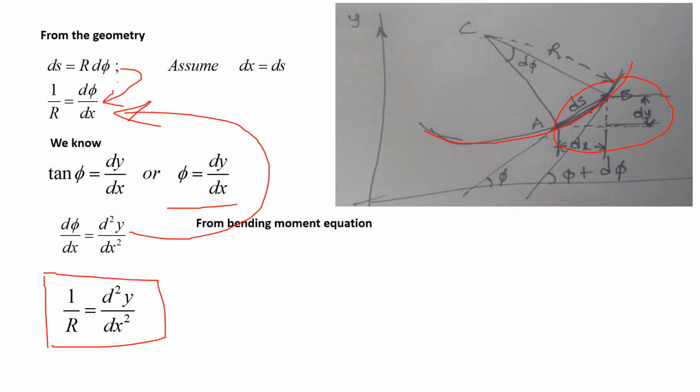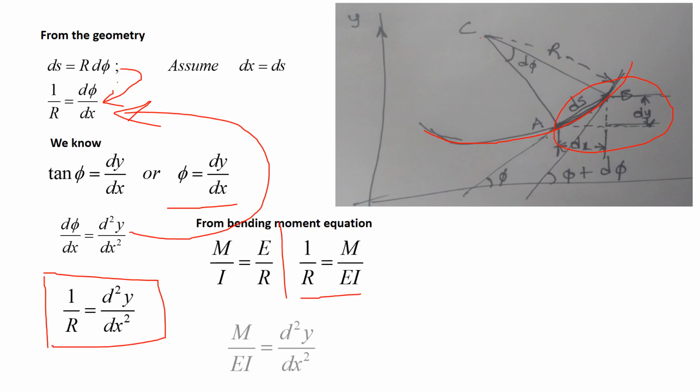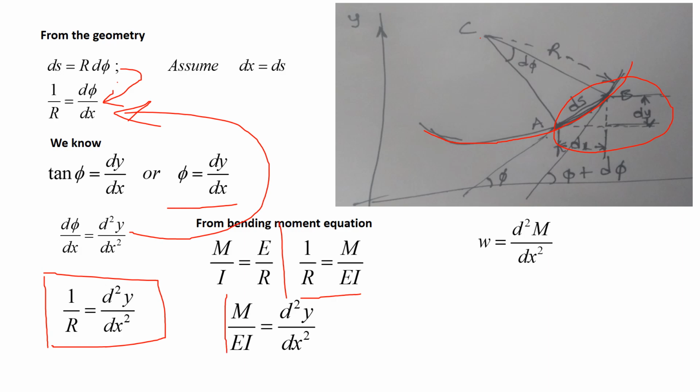From the bending moment equation, we know that M by I is equal to E by R. So 1 by R is equal to M by EI, and we equate these two. M by EI is equal to d square y by dx square. This is the bending moment equation. From the basics, we already derived w is equal to d square M by dx square. In the previous slides we already derived the relation between the UDL load and its bending moment.